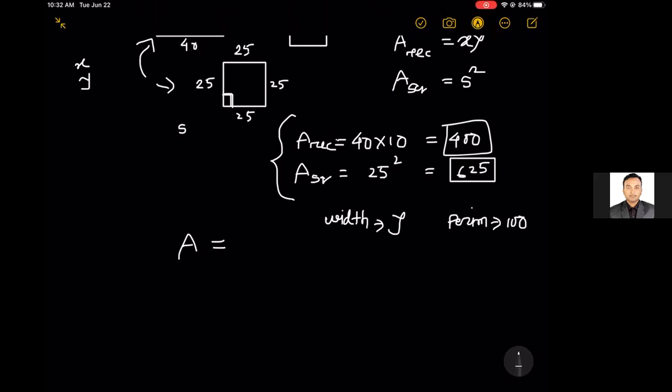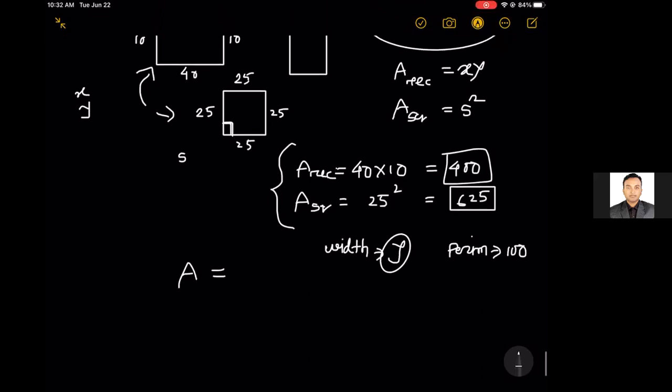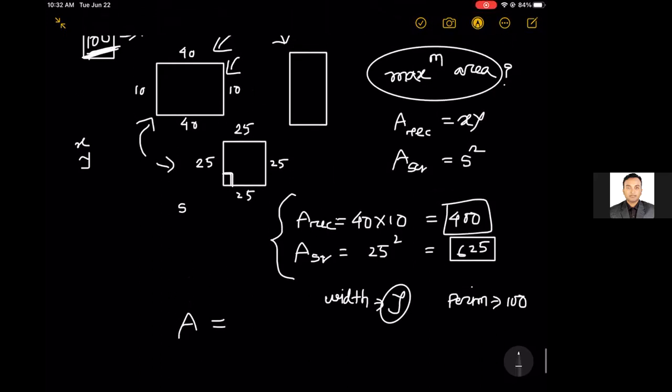The first part of the question might say, hey, write the area in terms of the width y. What should you do? Can you imagine anything from the information you can eyeball? We can't really write x times y here, because it has told us to write it in terms of y. That means we can't have any other variables other than y.